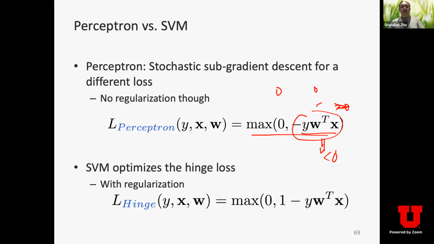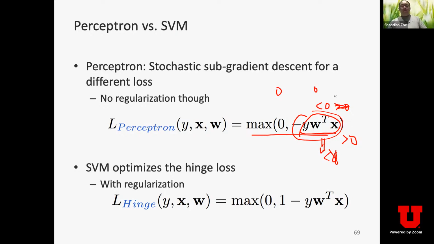That means the right input is less than 0, which basically means this product is bigger than 0. And this product being bigger than 0 means that you make the correct prediction. So this is consistent with the perceptron updating. When you make a correct prediction, you do nothing, because the subgradient is simply 0.